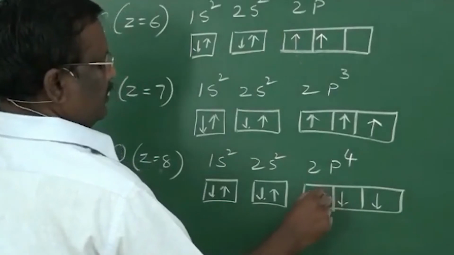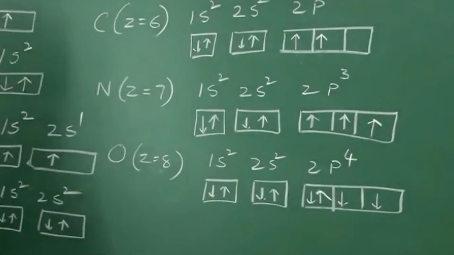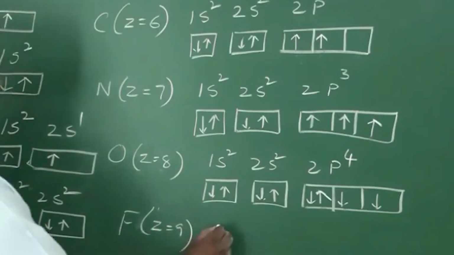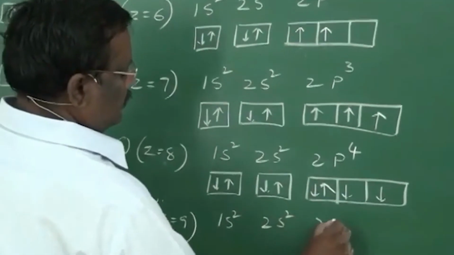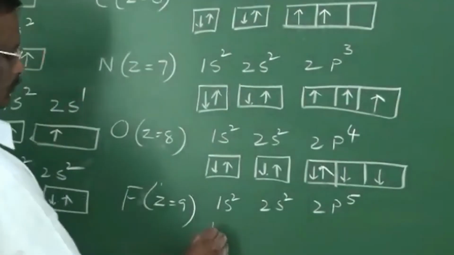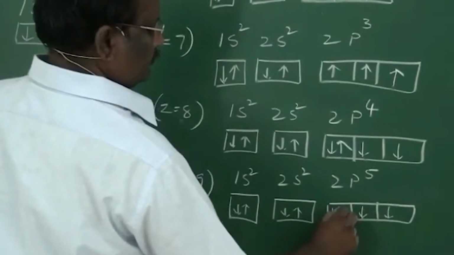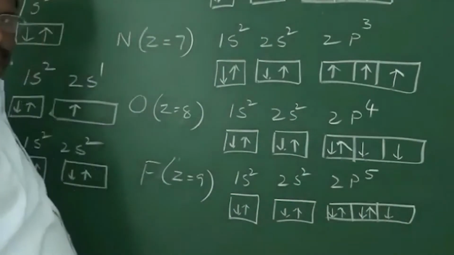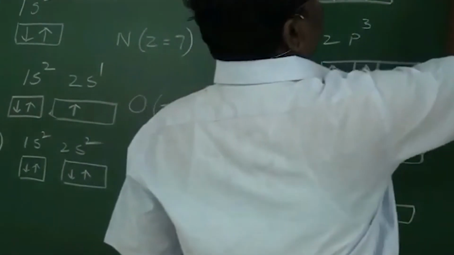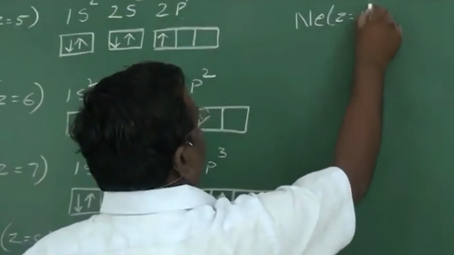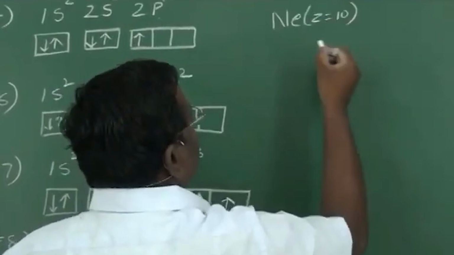Here the pairing will take place. Fluorine: 1s2, 2s2, 2p5. Next, neon: 1s2, 2s2, 2p6.